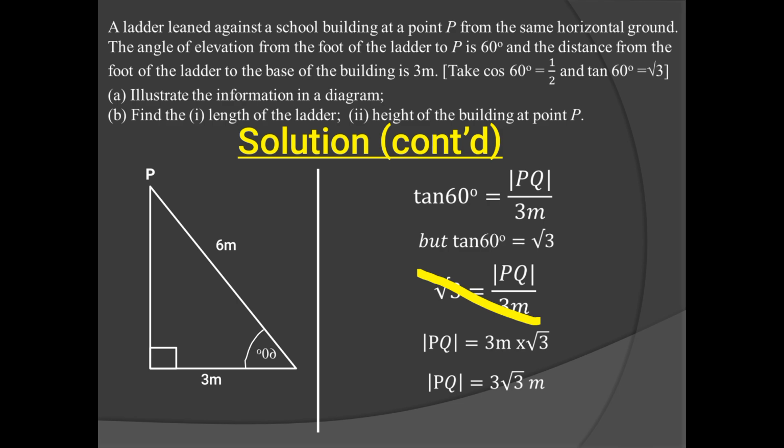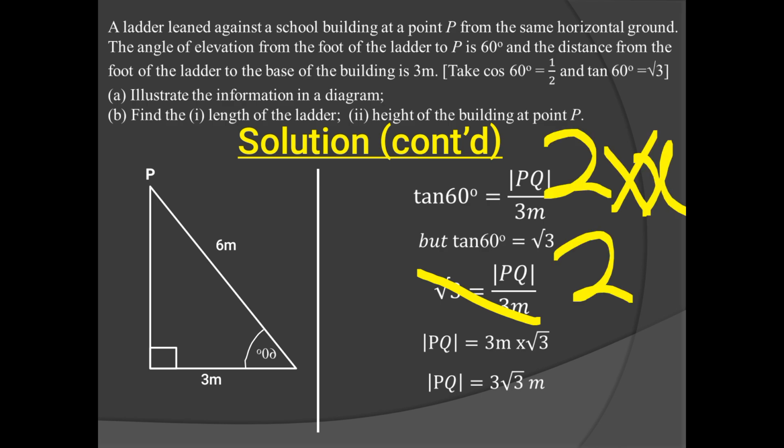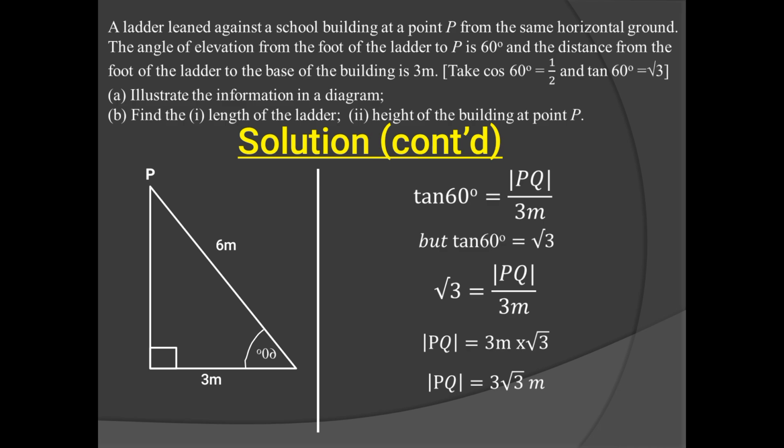If you have 2 times x, it becomes 2x. We just remove the times and put the meters at the back. That is it. Are we together? Good. The answer is 3 root 3.